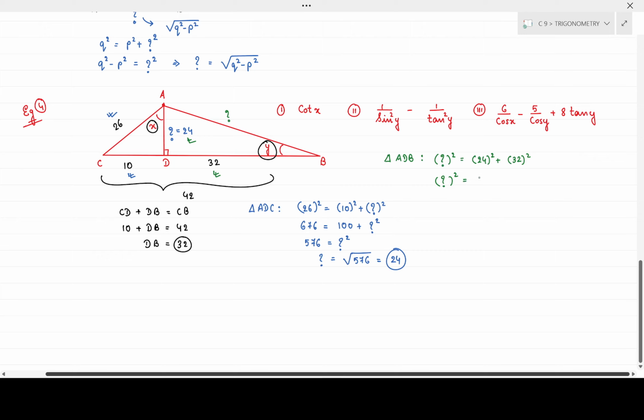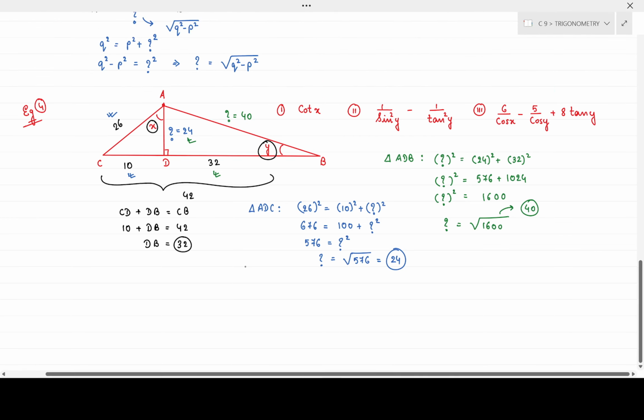Question mark square is equal to 24 square, that is 576, plus 32 square, that is 1024. So the value of question mark square will be 1600. So the value of question mark will be under root 1600, and that becomes 40. So this value is equal to 40.